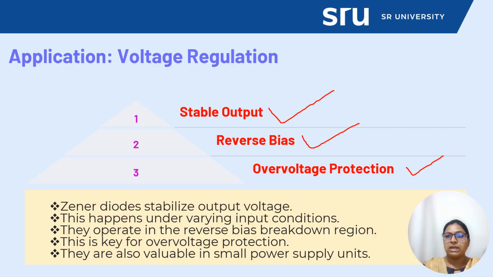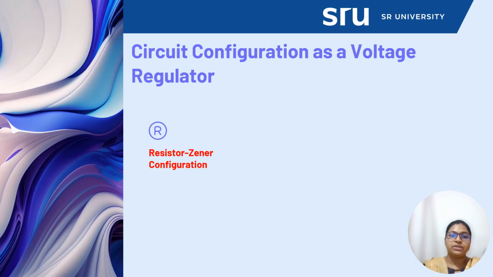The main circuit configuration to use as a voltage regulator is, first, the resistor Zener configuration. Second, it should obey Ohm's law. And then we get a stable output from voltage regulation.